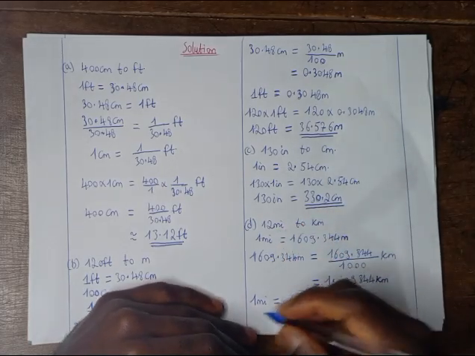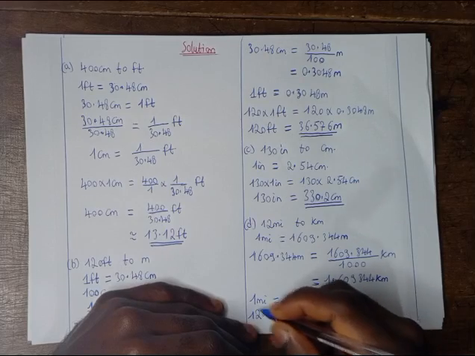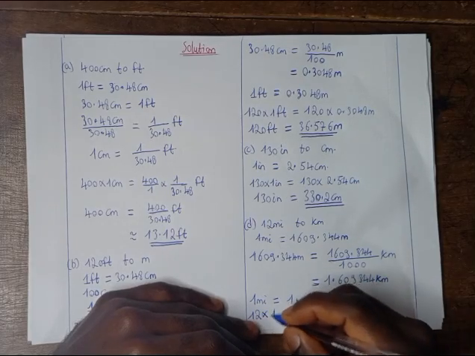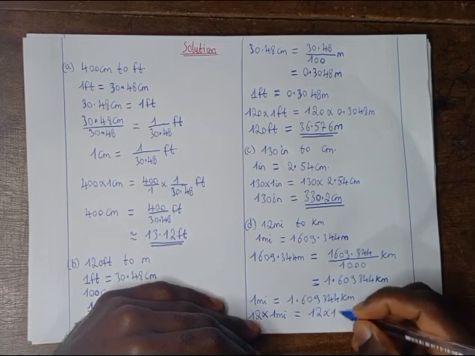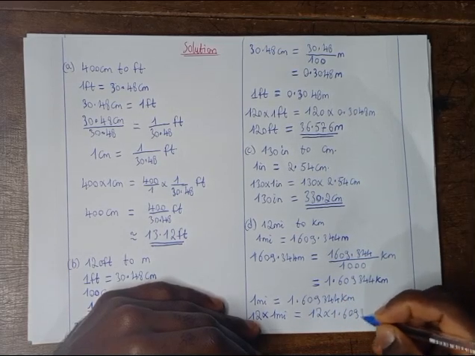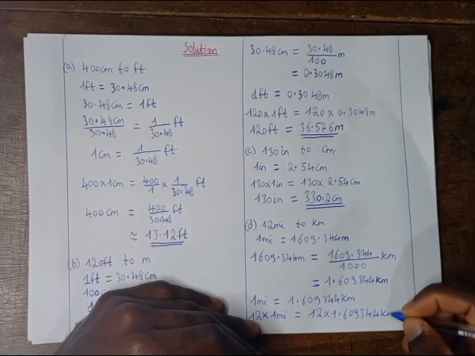Therefore, 12 mile will simply be equal to, multiply both sides by 12 here. 12 times 1 mile will be equal to 12 times 1.609344 kilometers.